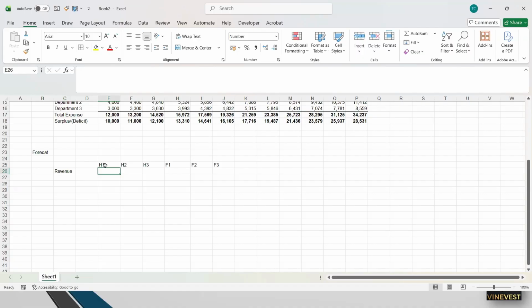Maybe in the first historical year, our revenue was like 50,000. Then maybe the next year it was 55,000. Then the following year it was 60,000, right?